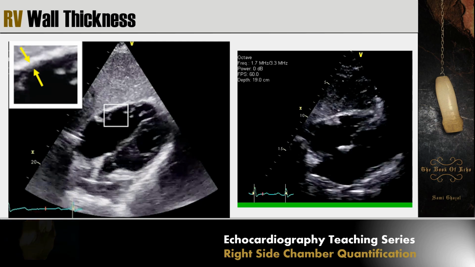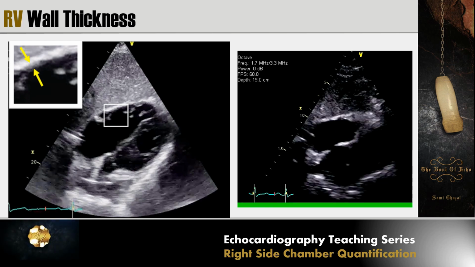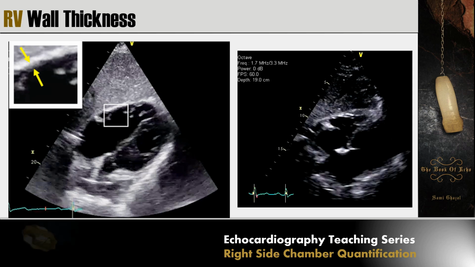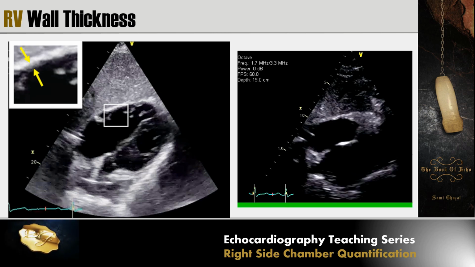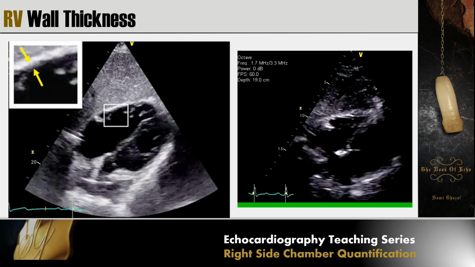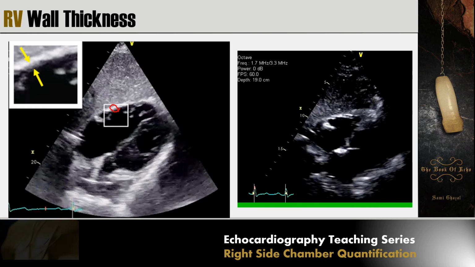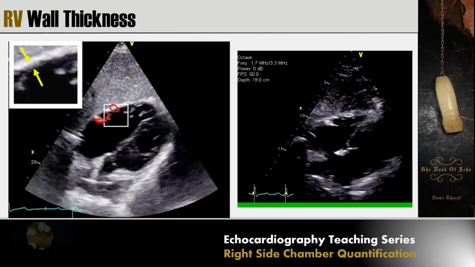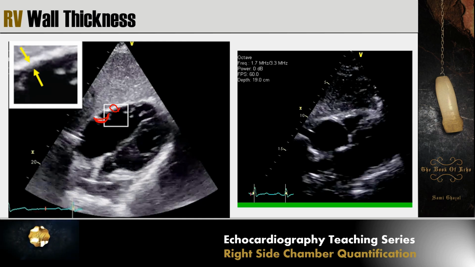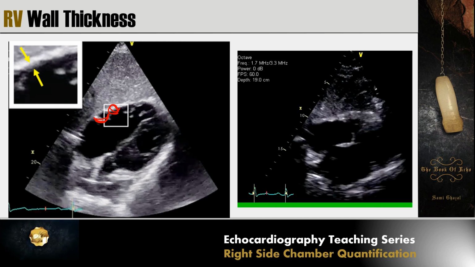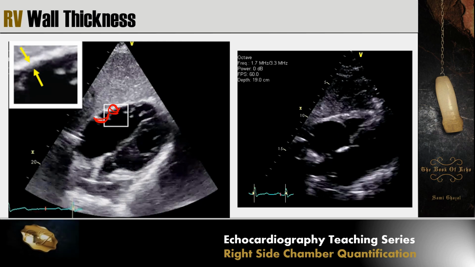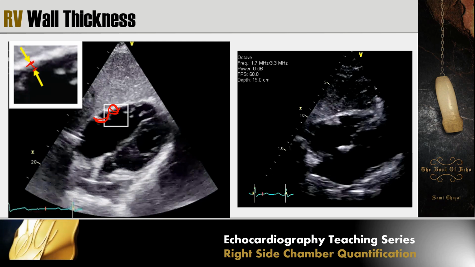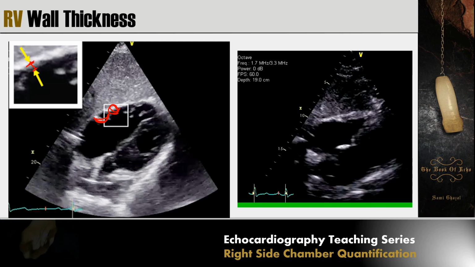And the way to measure it is you have to be careful to exclude any pericardial fat or thickened pericardium, as well as any trabeculation, and measure it at a level distant from the annulus, around the same distance of this tricuspid valve leaflet, just on the side of it, in a perpendicular fashion to the wall, like this. So this is how we measure the RV wall thickness.